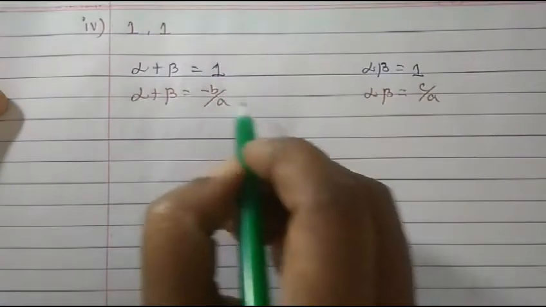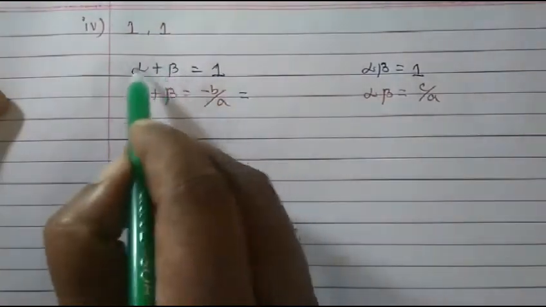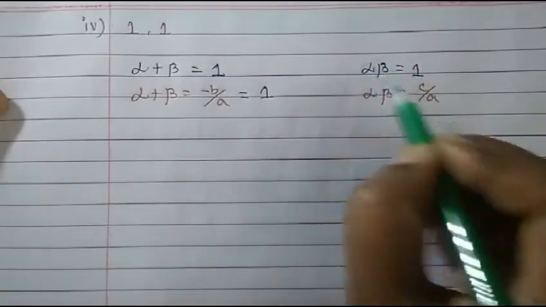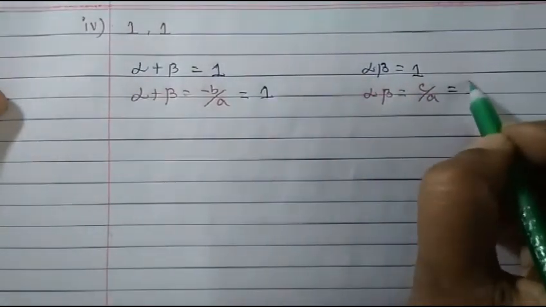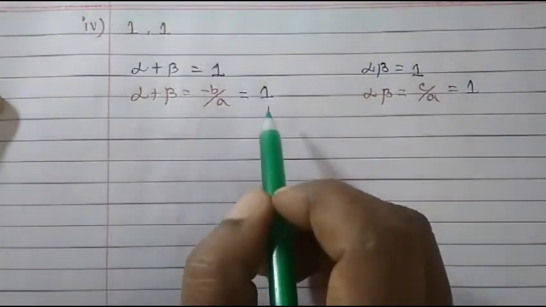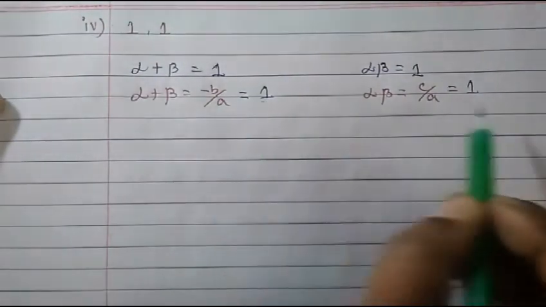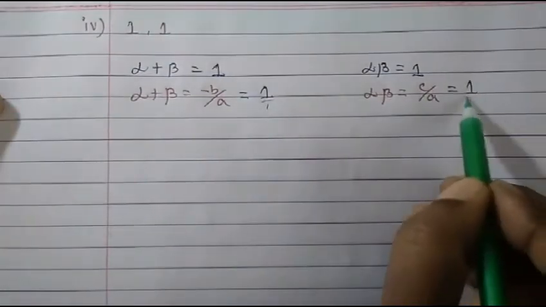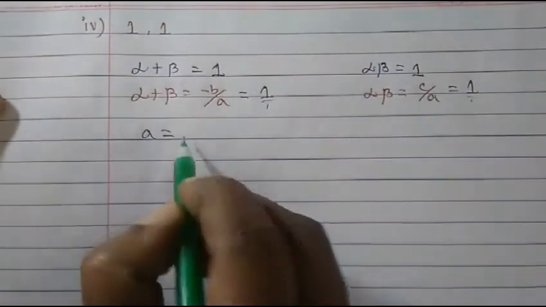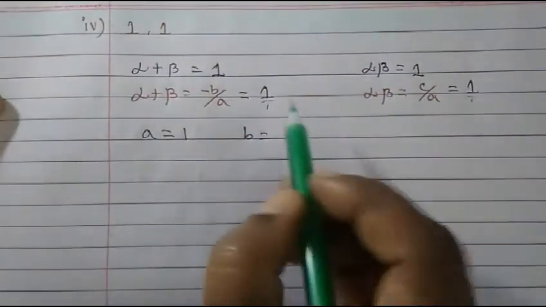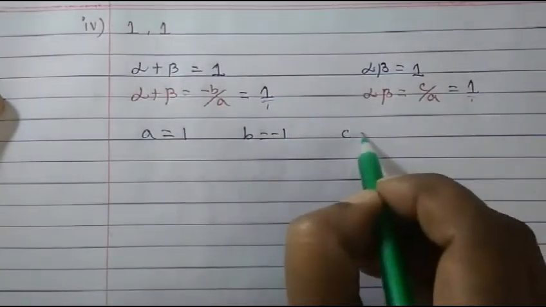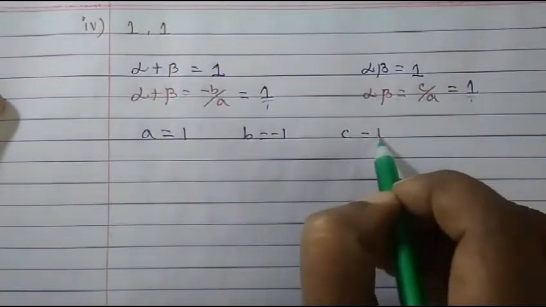Here the sum of the zeros is 1, and the product of the zeros is 1. Now always we have to see the denominator in the assuming method. In the denominator nothing is there, that means we consider that there is 1. So a will be 1, b will be minus 1, since there is a minus in the formula, and c will be 1.